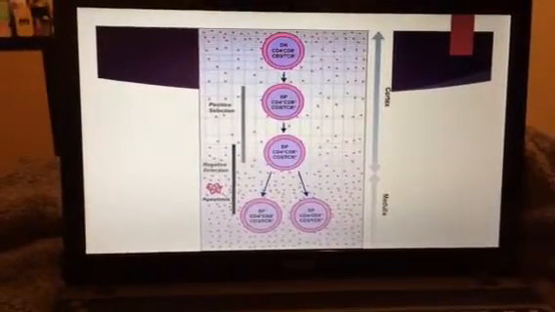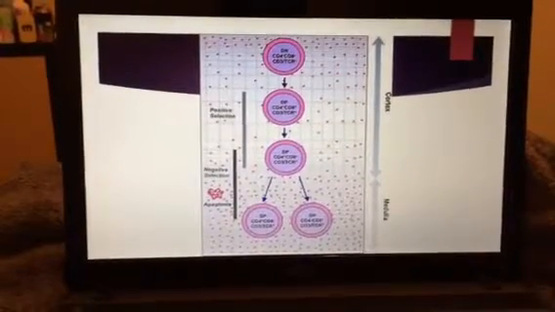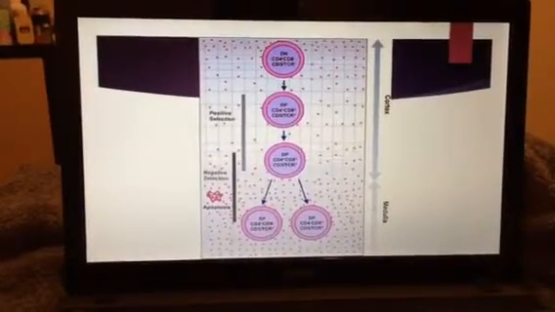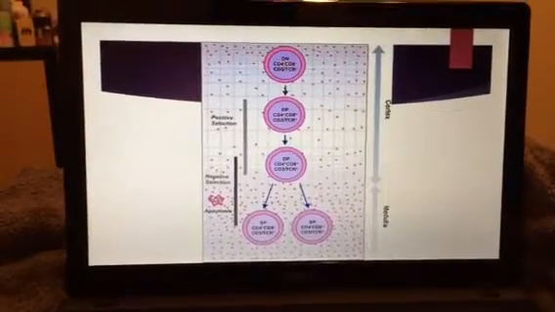As for the formation of helper T cells, there are two types: a T helper 1 cell and a T helper 2 cell.